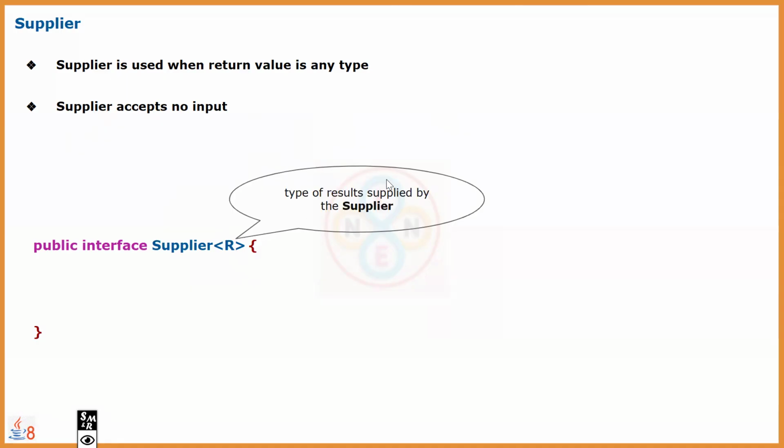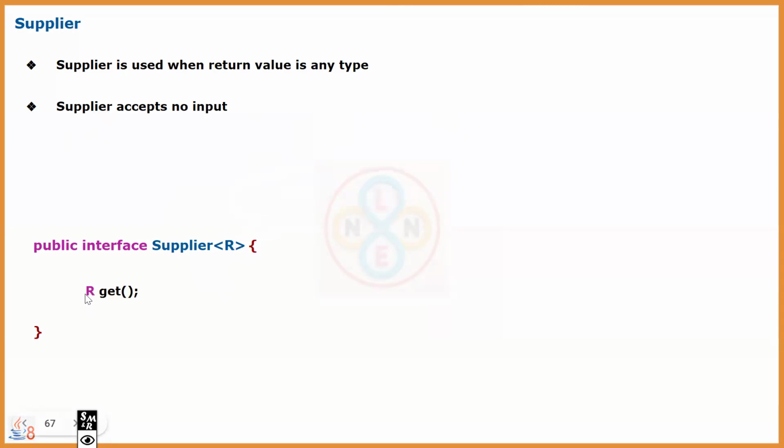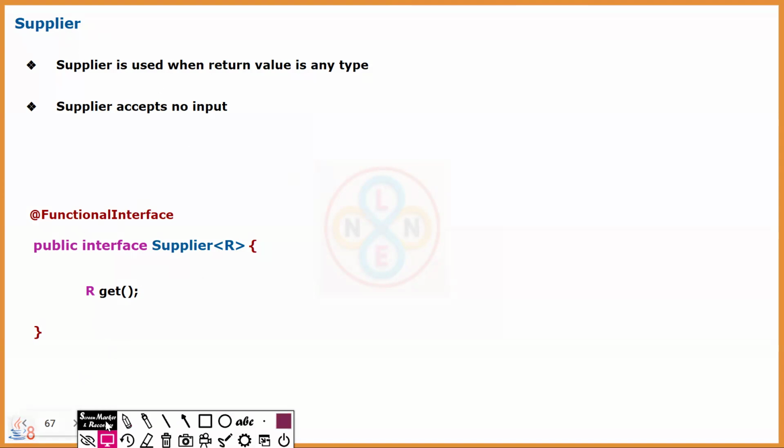R is the return type of results supplied by the Supplier. You have to mention that while using it. It has a method with any return type called get. The get method takes no inputs because Supplier will not take any inputs. Since it's a functional interface, it's annotated with @FunctionalInterface. So this is the purpose of Supplier. When to use Supplier, I hope you understood.